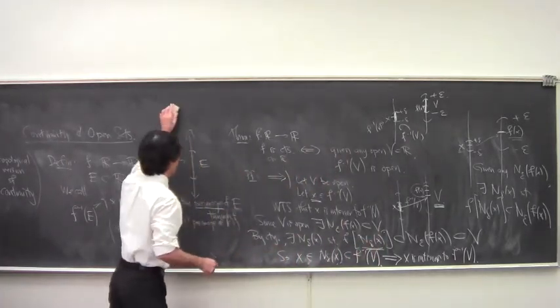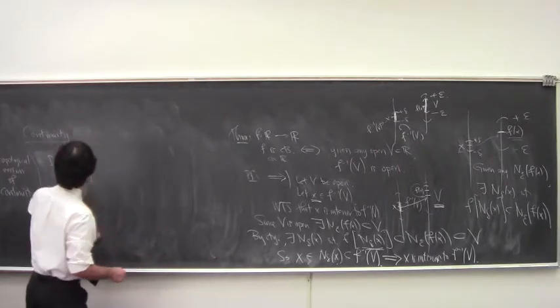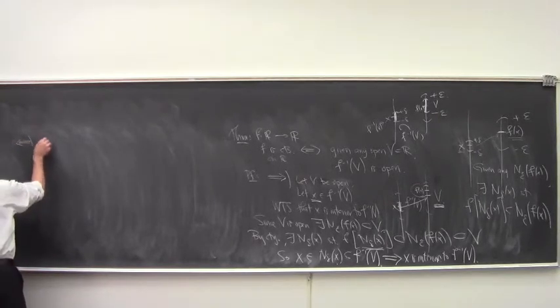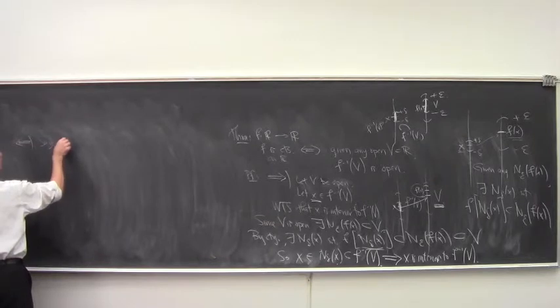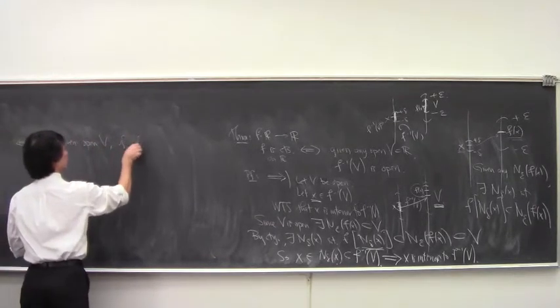Okay. Maybe I can get through the opposite direction in the last 2 minutes. Sort of along the same lines, say, given any open set, the pre-image is open.